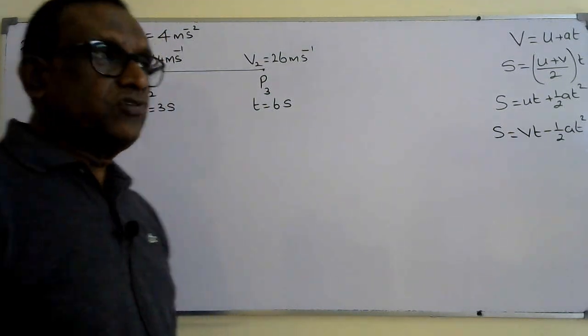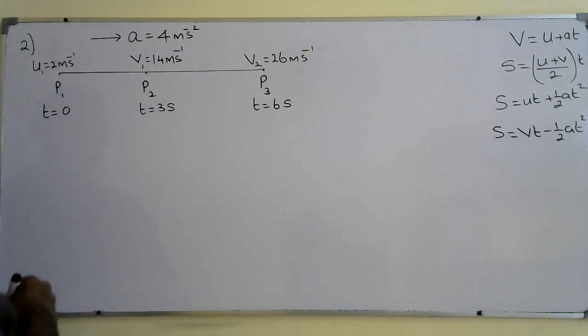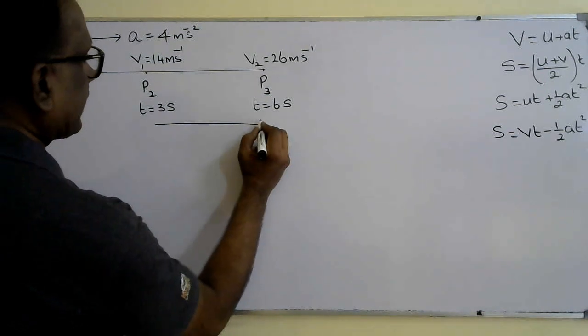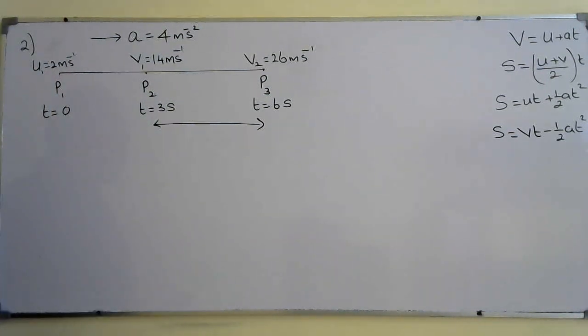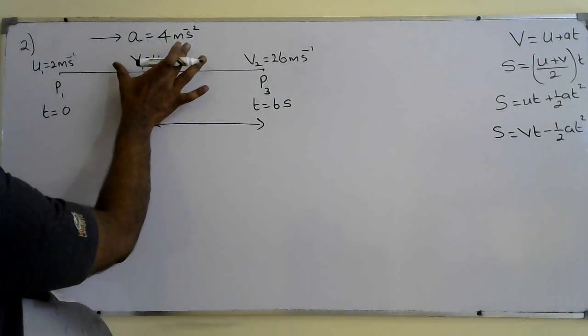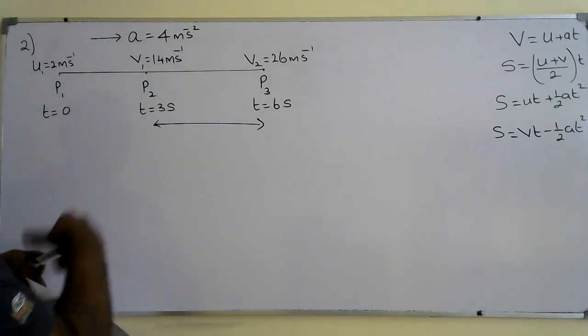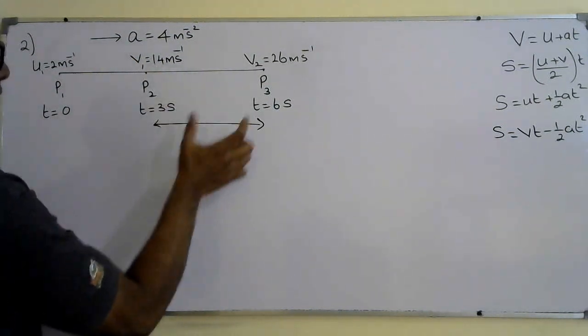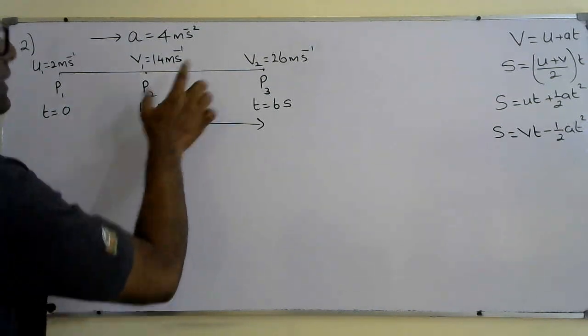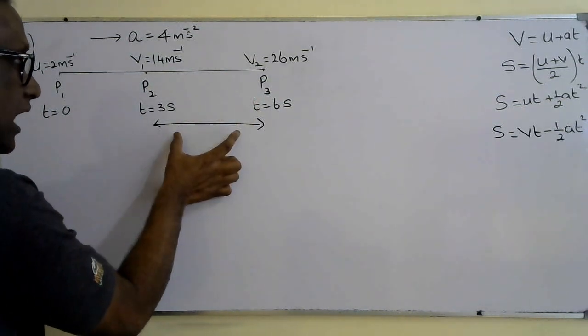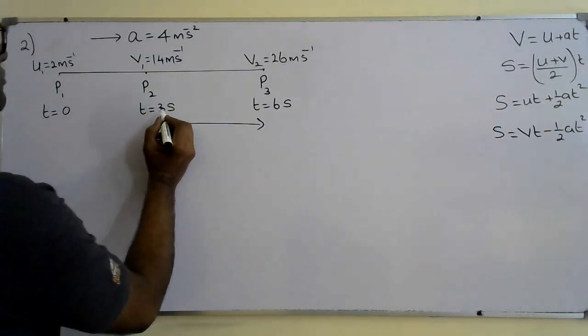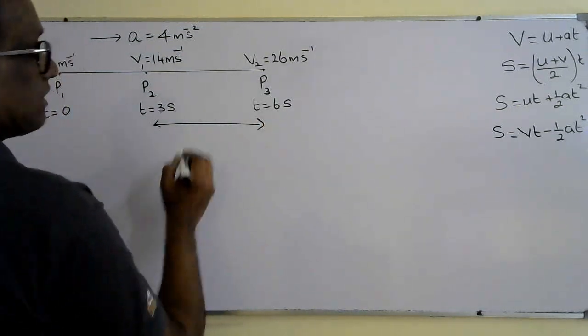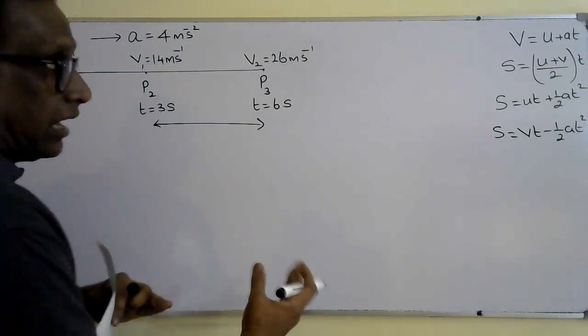Okay, so if I want to find the displacement during the last 3 seconds, that is from 3 seconds to 6 seconds, even if I don't know the speed of 14 meters per second, I can find it.